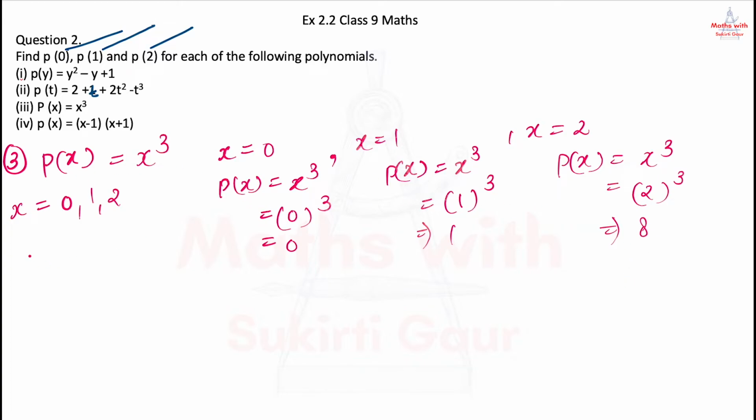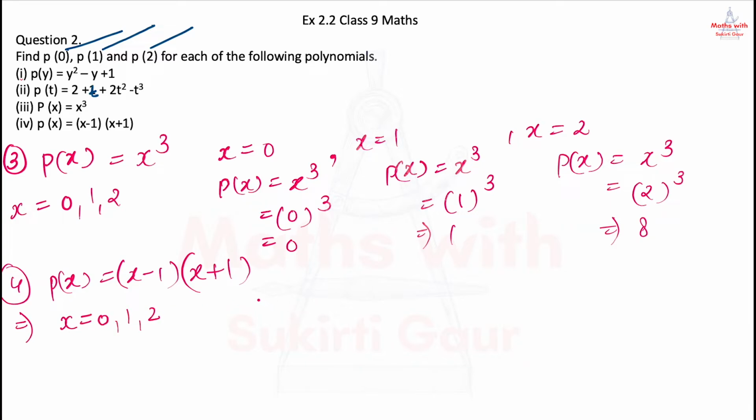Okay, so this is the third part, and the fourth part is p(x) equals x minus 1 multiplied by x plus 1. No need to expand this expression. We are just going to solve it as it is. Taking x equals to 0, 1 and 2.